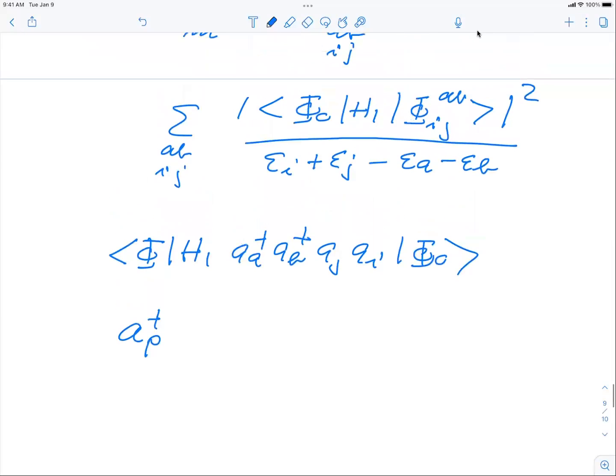So remember that the way we have written this is just a way of rewriting many-body states in terms of a summation of specific single-particle states. So this contains an a_q^†, and then we have the a_r and a_s, and a_r, sorry.